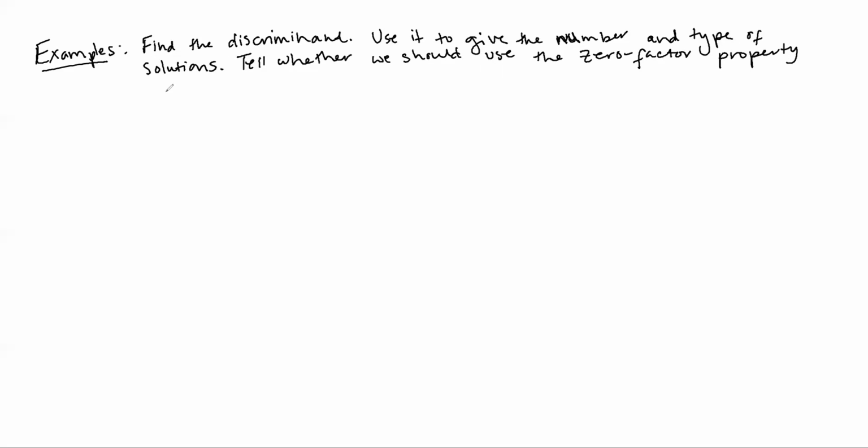Or the quadratic formula to solve. But specifically, we are told do not solve these. So we're going to go through and you'll be given the 4 different options for the number and type of solutions, but we're just going to look back at the chart.